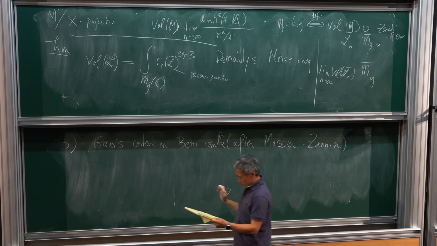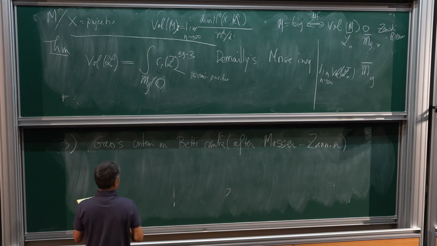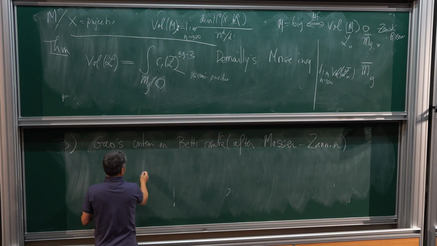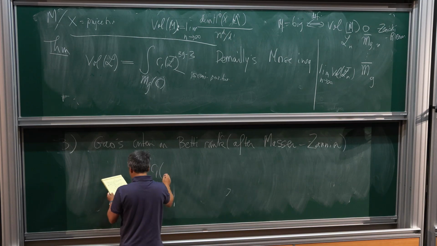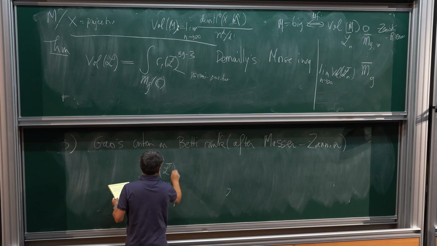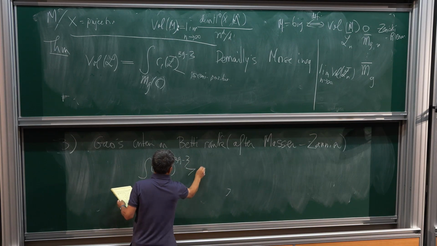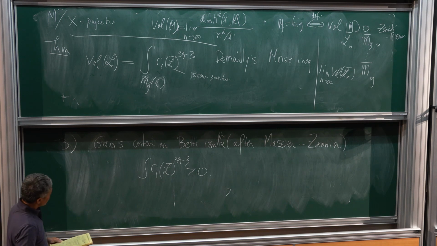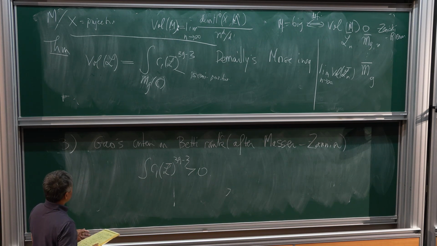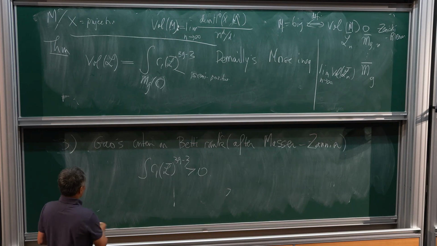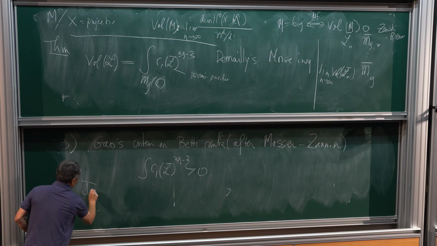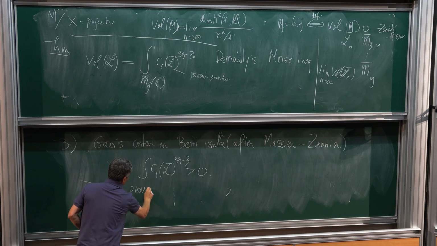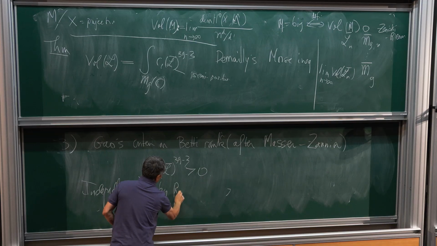His work is complicated. I will not explain. I really don't know much about the Hodge theory. So anyway, we use his criterion. We can prove 3g minus 3 is bigger than 0. So that's the basic consequence. But this is also proved independently by Richard Hain.